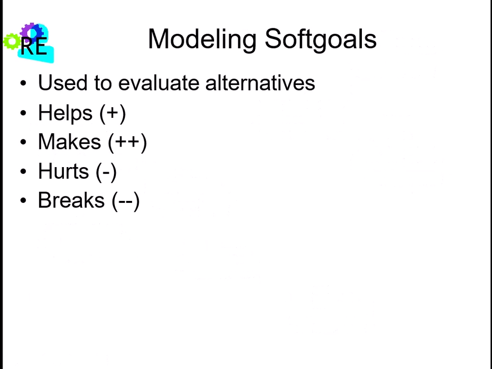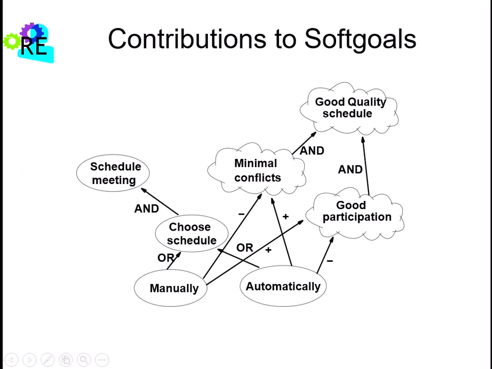Now for modeling soft goals, we use them to evaluate the alternatives, and we will use the following signs. Plus sign means helps. This means one goal helps another goal. One goal makes another goal. One goal hurts means it's a kind of disturbance and breaks. This means achieving one goal will break another goal.